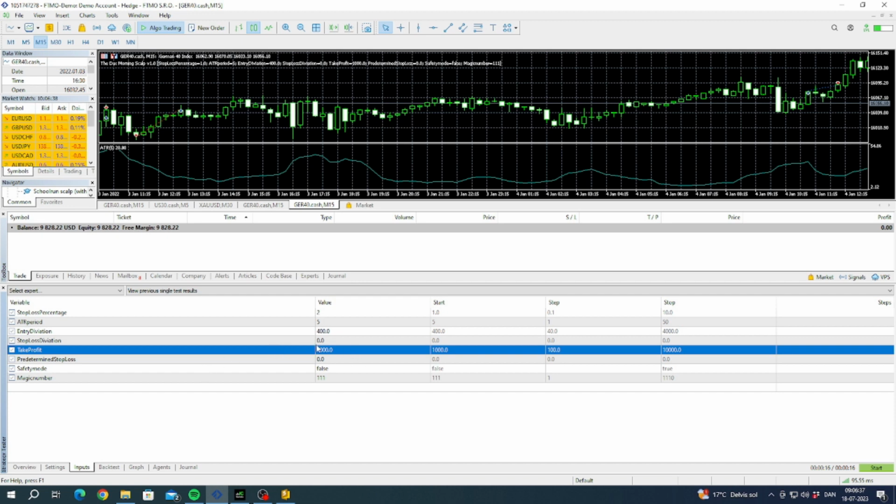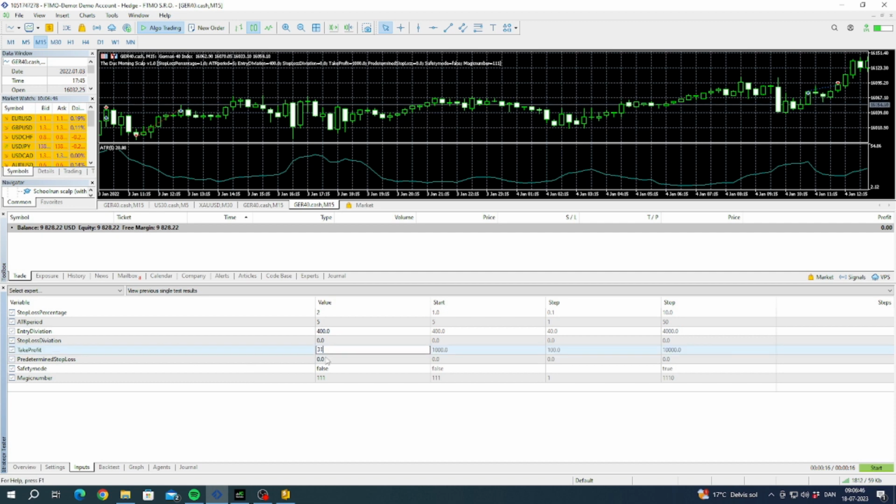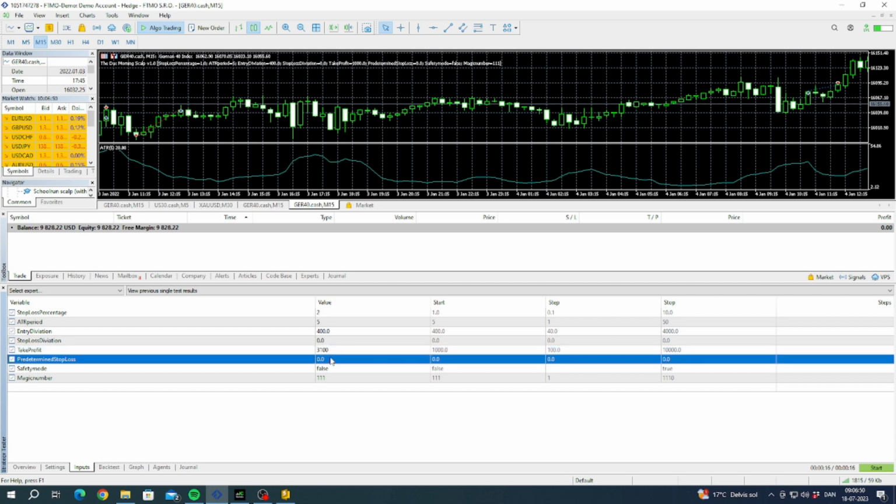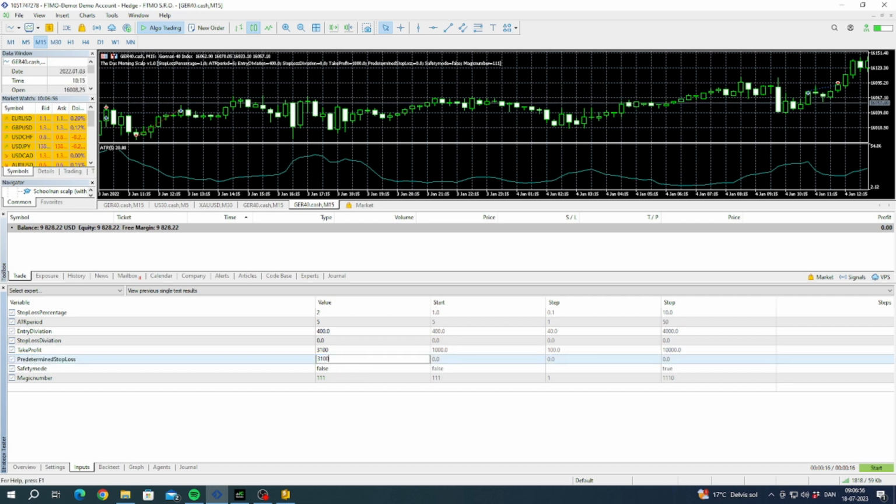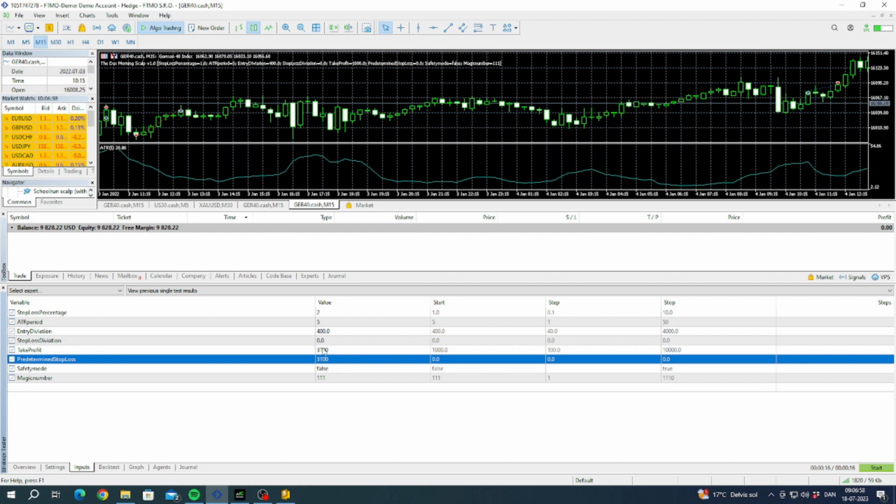For example, I did a 1-to-1 risk-reward ratio test on one of my screenshots, where I set the take profit to 3100, and I then used this predetermined stop loss input to predetermine the stop loss to 3100, which overrides the variable stop loss that is based on the volatility.